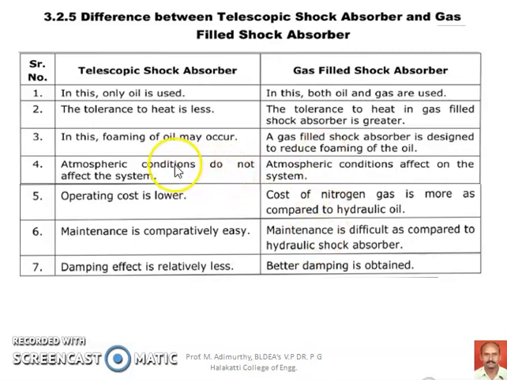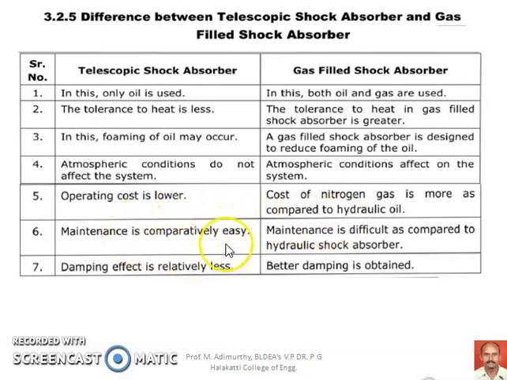Atmospheric conditions do not affect the system in case of telescopic type shock absorber, whereas in gas-filled, there will be a little effect of atmospheric conditions on the working of the system. Operating cost of telescopic, hydraulic shock absorber is relatively less, whereas the cost of nitrogen gas is more in comparison with the hydraulic oil.